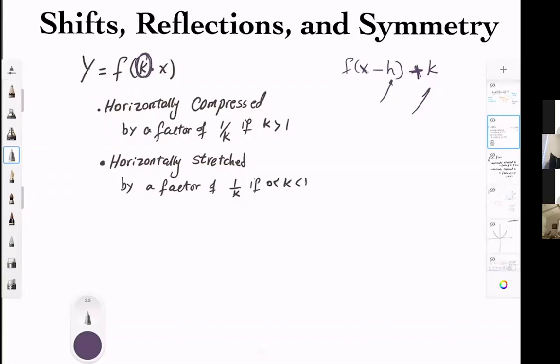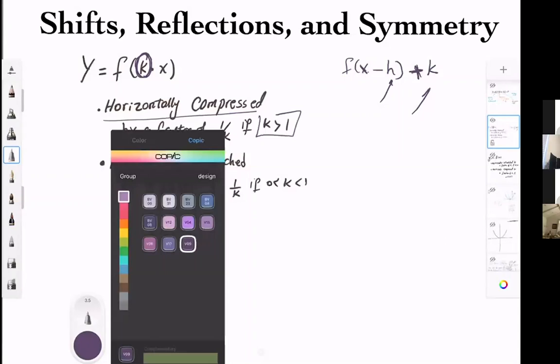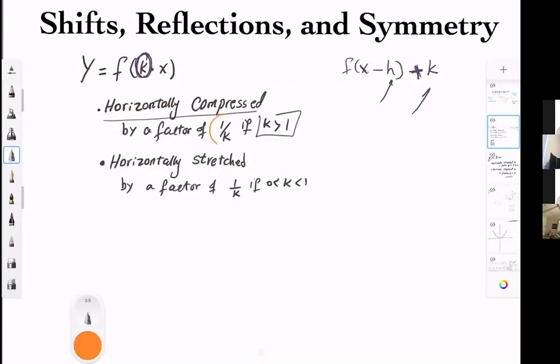If k is more than 1, we horizontally compress by a factor of 1 over k. So anytime inside the function, we do opposites. So 1 over k if k is more than 1, and 1 over k also when k is between 0 and 1.